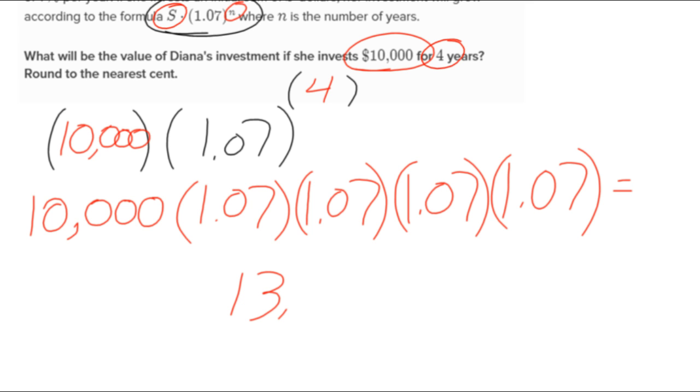Carry the 1, subtract, do some other stuff. We get 107. It says in the problem to round to the nearest cent, so make sure you round it and you'll get 96. Now again, you'll have to double check that on your calculator. I did it in my head. So we get $13,107.96. Let's go on to the next question.